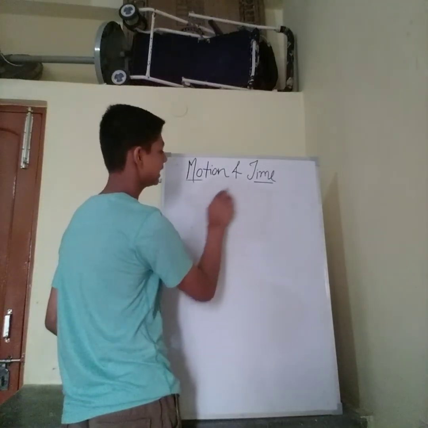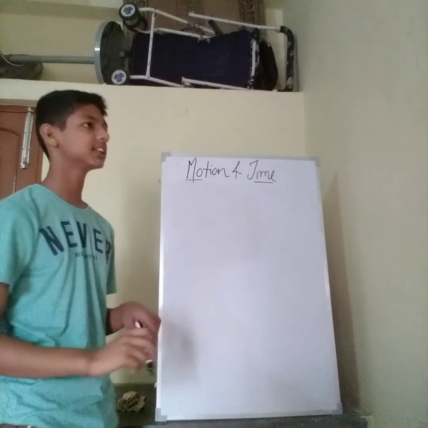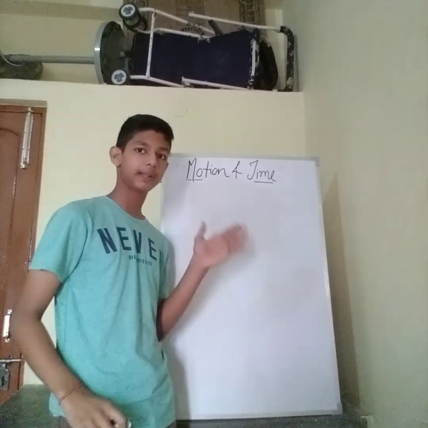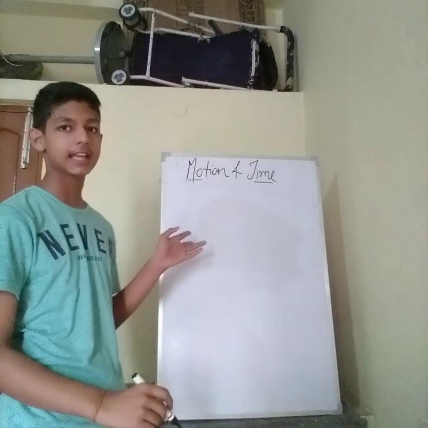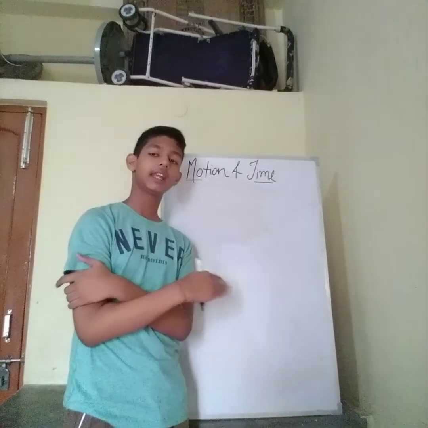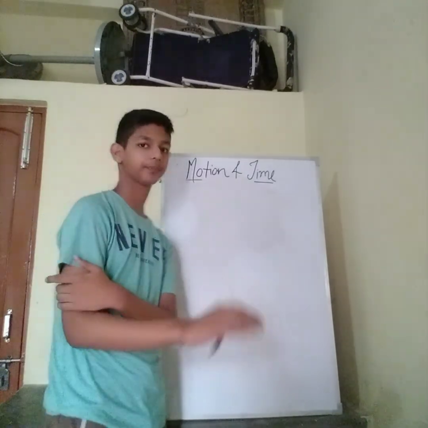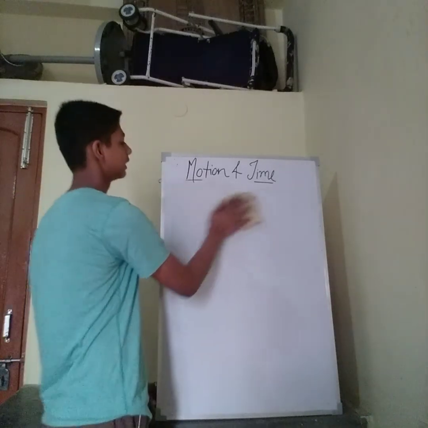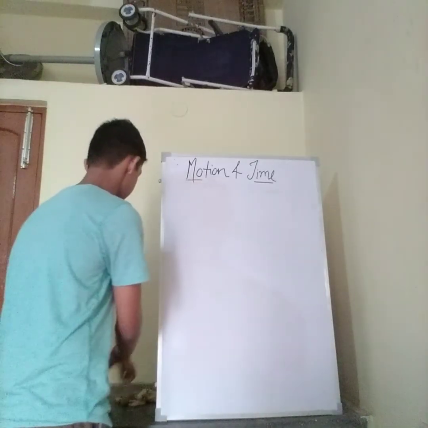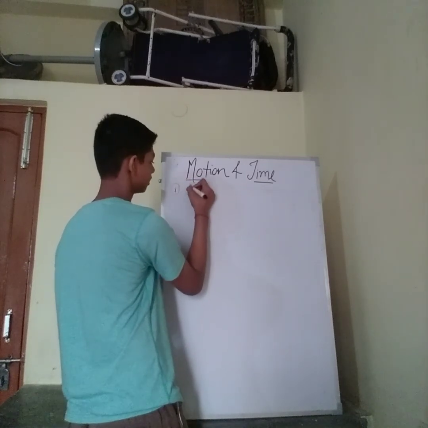As I said, velocity has a direction. It means velocity is in the direction of displacement. The second definition of velocity is the rate of covering displacement per unit time. Velocity has two related terms: uniform velocity and non-uniform velocity.